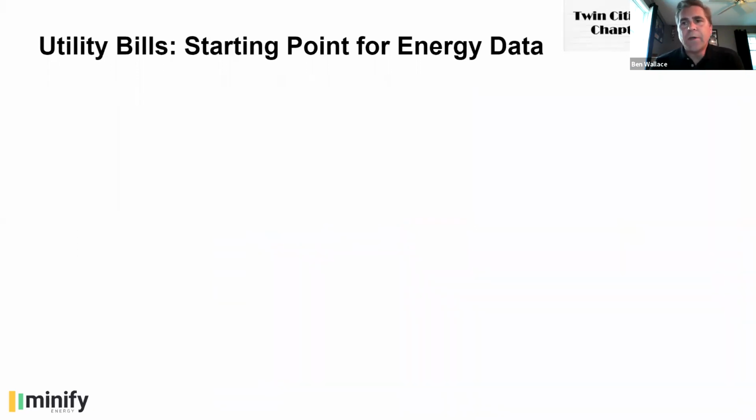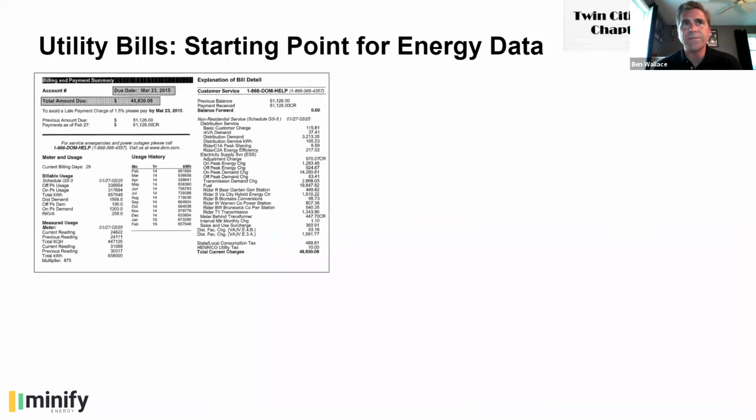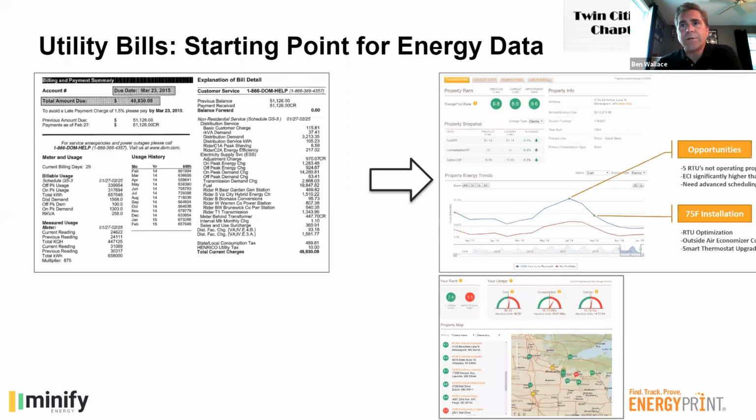So as noted in the benchmarking programs, utility bills are a great starting point for existing structured data around energy use and consumption at the building level. However, it is often in a format that's not as visual and analytical, and there are many ways that you can get that into a more analytical view. A lot of utilities offer portals and programs for getting that data into Portfolio Manager.